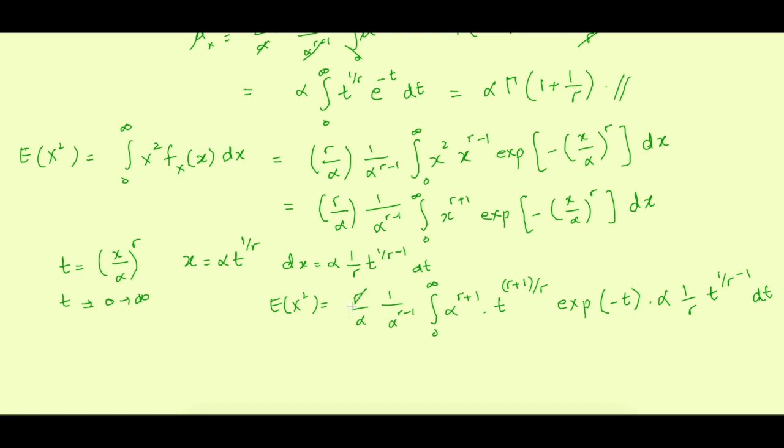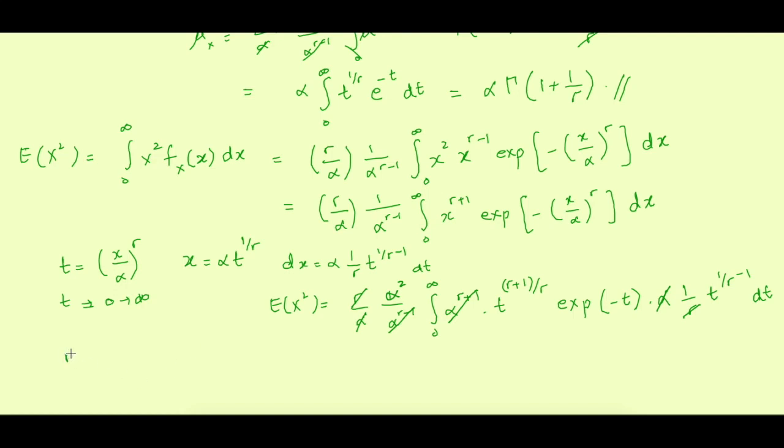So first of all, this r goes with this r, this alpha goes with this alpha, this alpha to the r minus 1 and this alpha to the r plus 1 will give me alpha squared. Okay, and then this is r plus 1 over r, this is 1 over r minus 1.